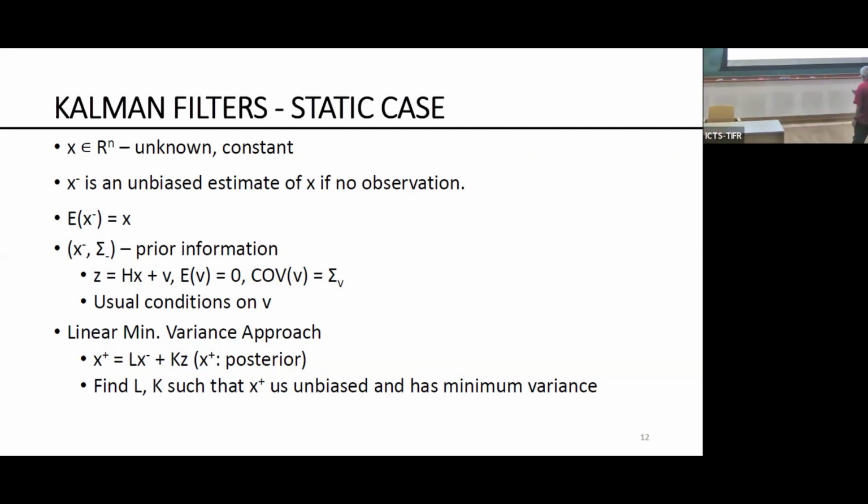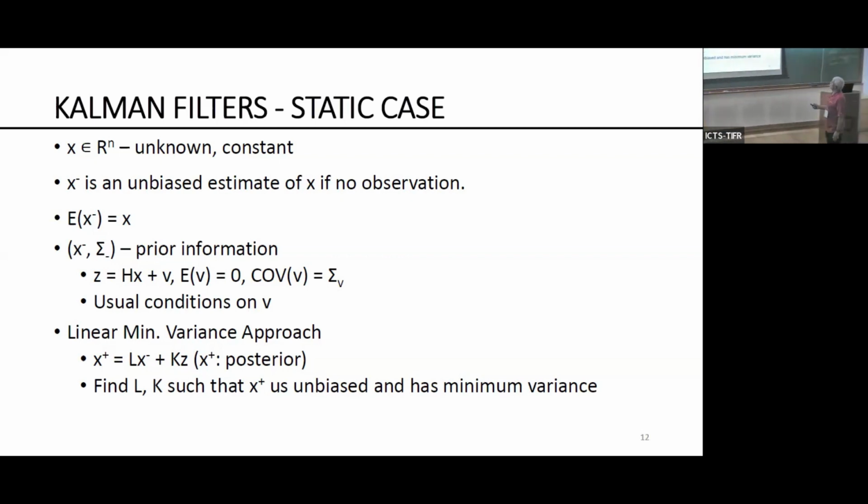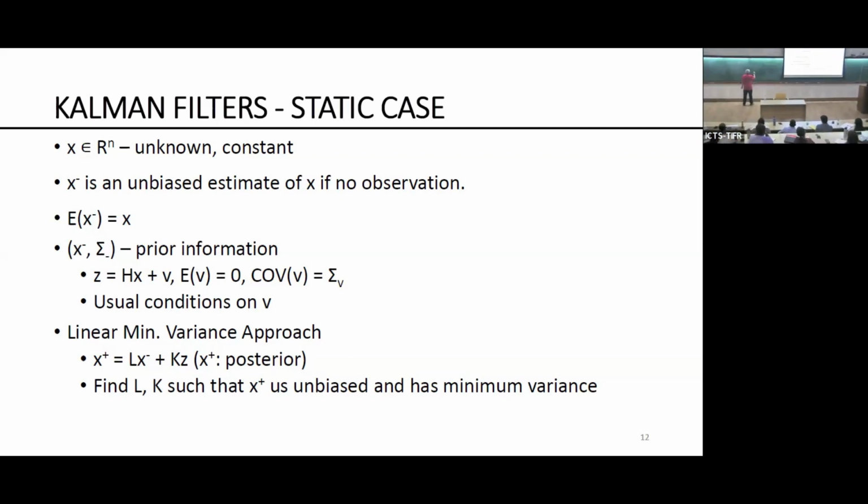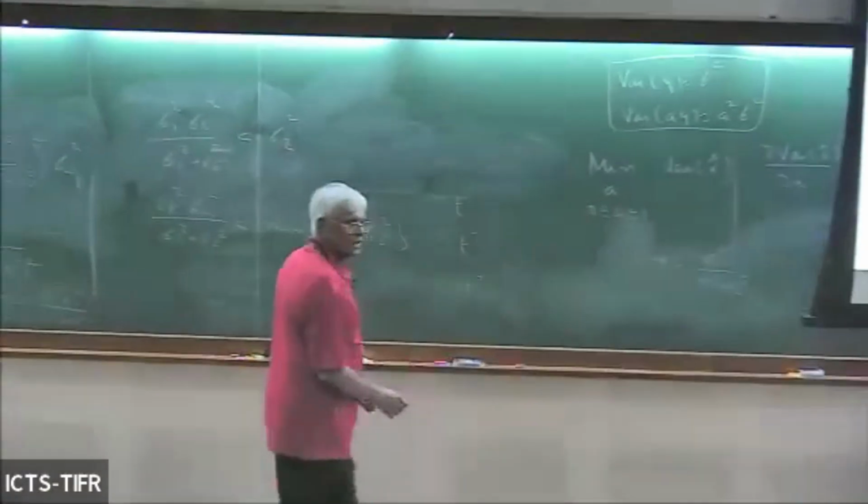So let's look at this now. X is the unknown. Here X is a vector, there X is a constant. Let X minus be, X minus means prior. X plus means posterior. With me? So in mathematics, we generally use the symbolism time t, t minus, t plus.